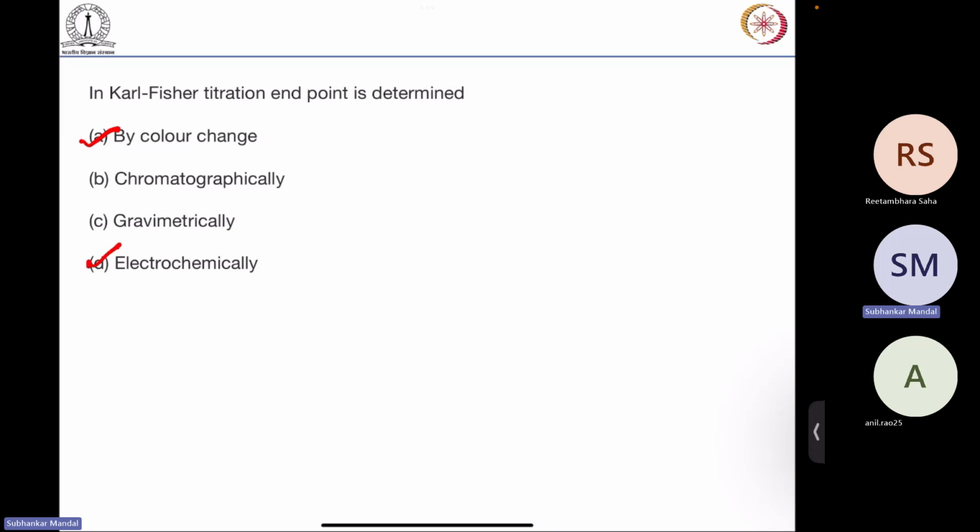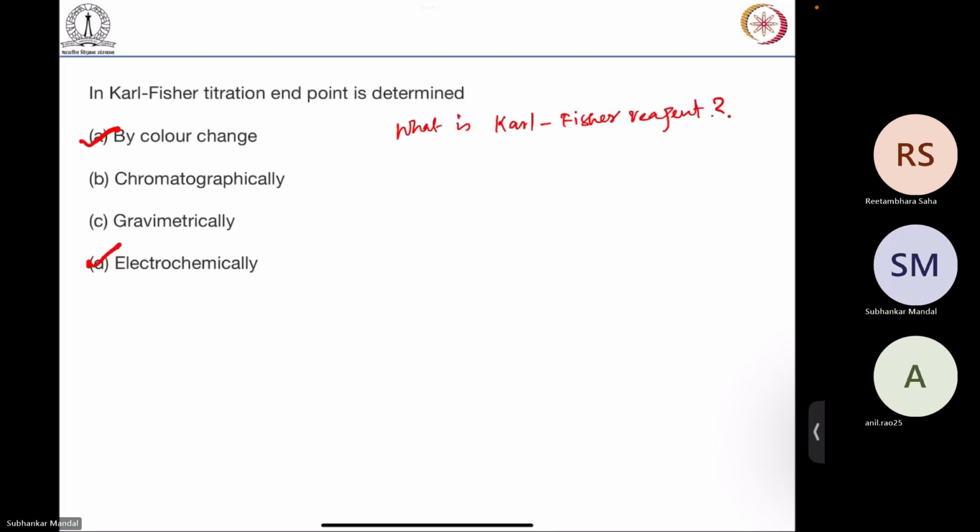So what is Karl Fisher titration? What is the Karl Fisher reagent? Can anyone tell? Basically, what is the purpose of using this Karl Fisher titration?